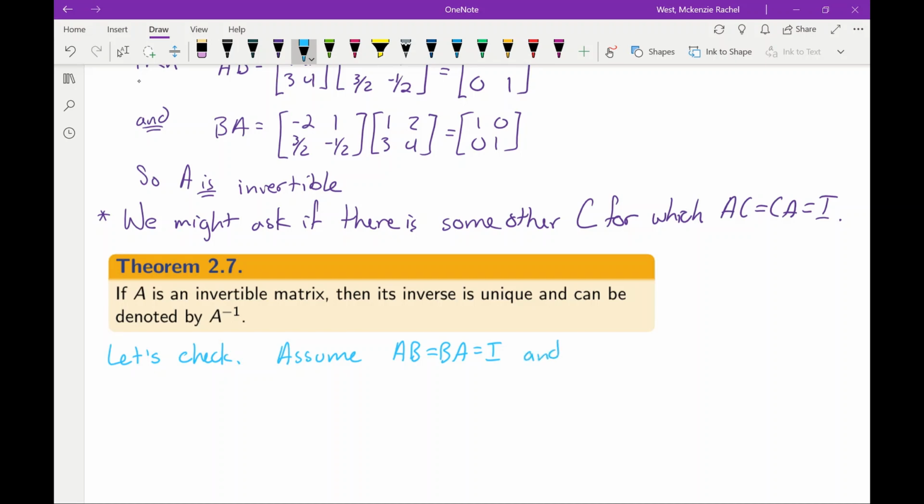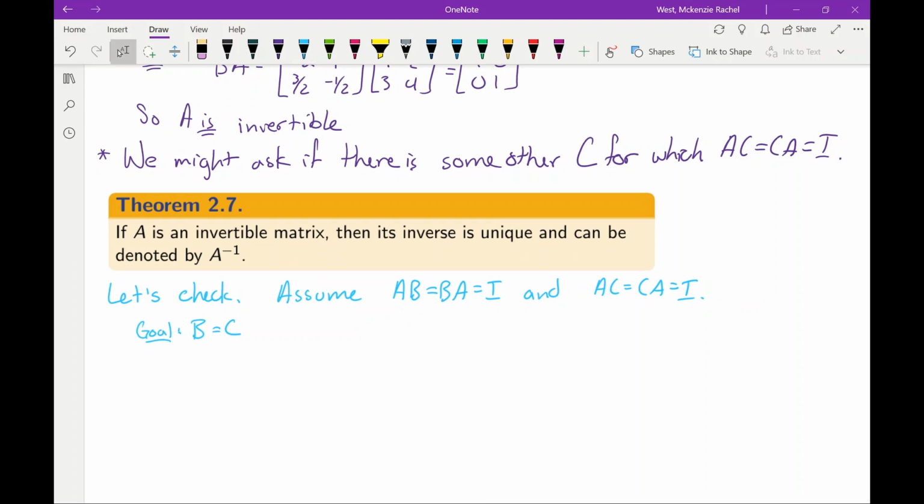And let's assume that we have another one. A times C equals C times A equals I. So our goal, what theorem 2.7 says, is that B equals C. Let's try and show this.